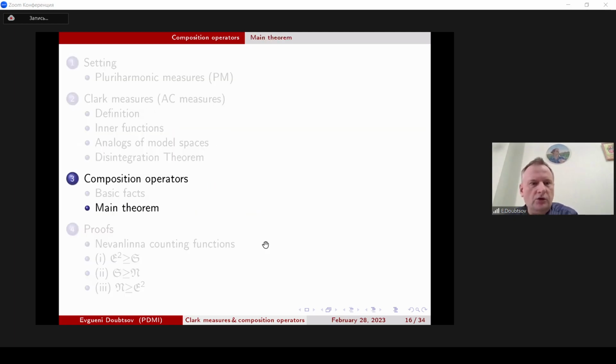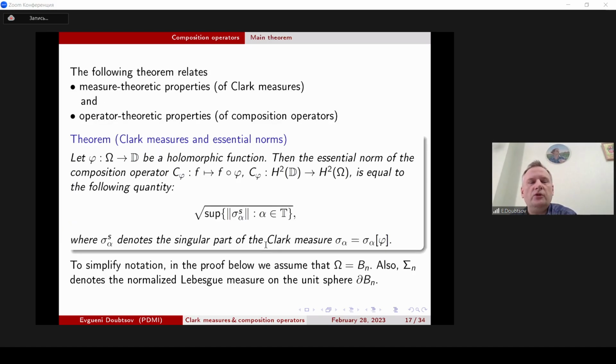Okay, so what's the main theorem? I should at least formulate this result. It's possible to relate the measure theoretic properties of the Clark measures to the operator theoretic properties of the composition operators we consider. So still we have phi, a holomorphic function from omega to the unit disk, and then it's possible to compute the essential norm of the composition operator, and in particular, this will be the corollary.